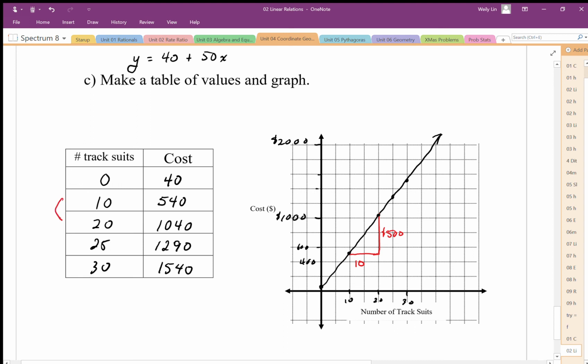And we can see that proportion showing up here on the table, on the outside of the table. So there's my plus $500, there's my plus 10 tracksuits. Okay, and we can see that same proportion showing up right there. That proportion shows up on the outside of the table, not directly in the table. When it does show up directly in the table, it's what we call direct variation.